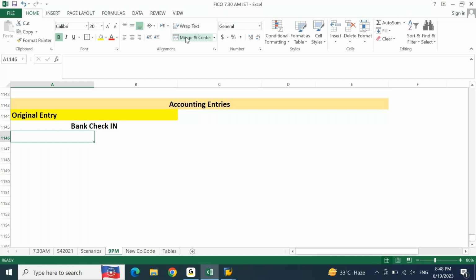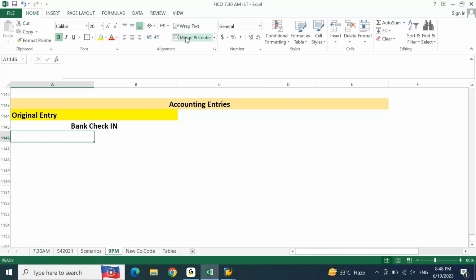What will happen with your check incoming? Will we receive from customer or from vendor? You will be receiving it from customer. When you receive any payment from customer, what is the accounting entry?